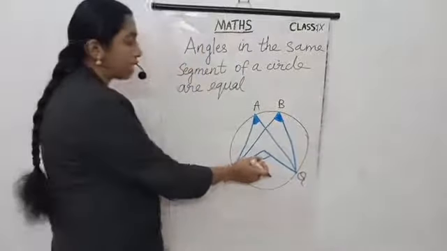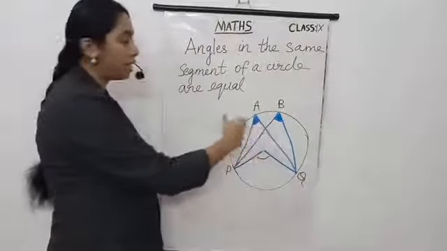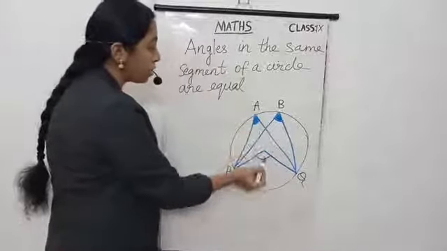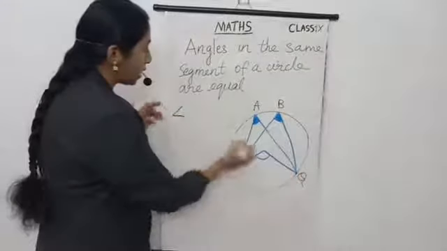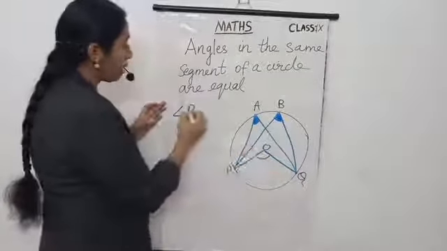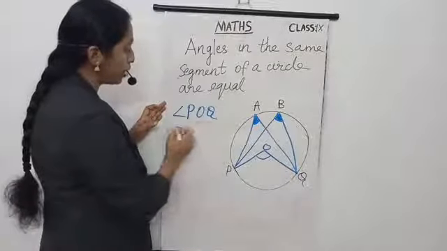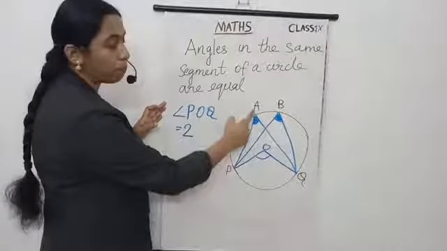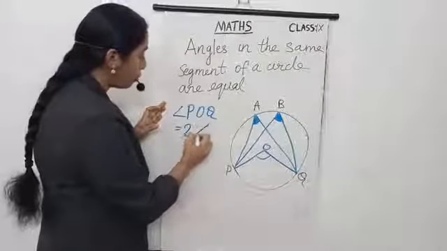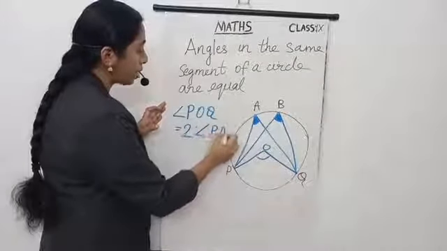So this angle is double the angle at the remaining part of the circle. This is point P, then angle POQ is equal to 2 into angle PAQ.